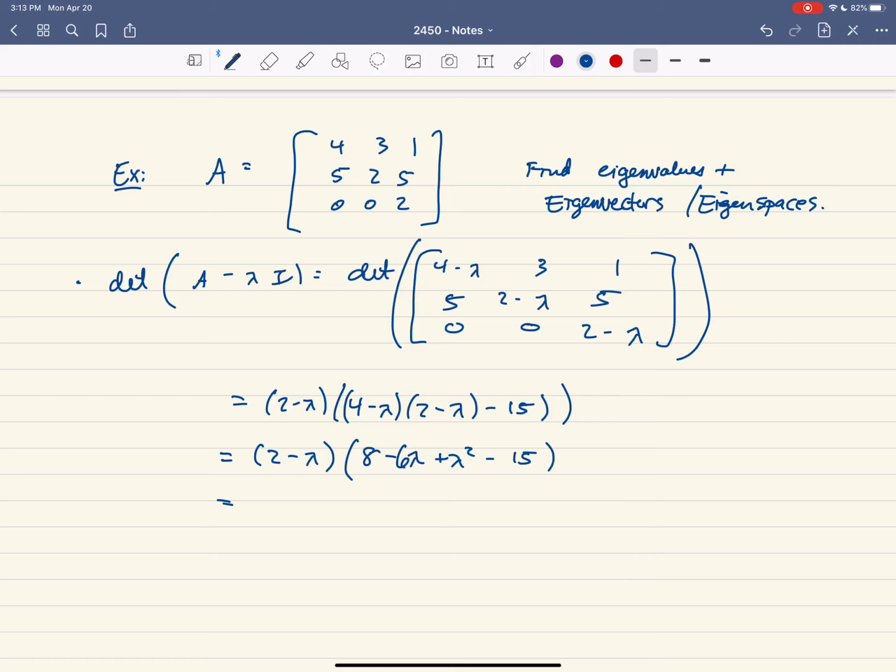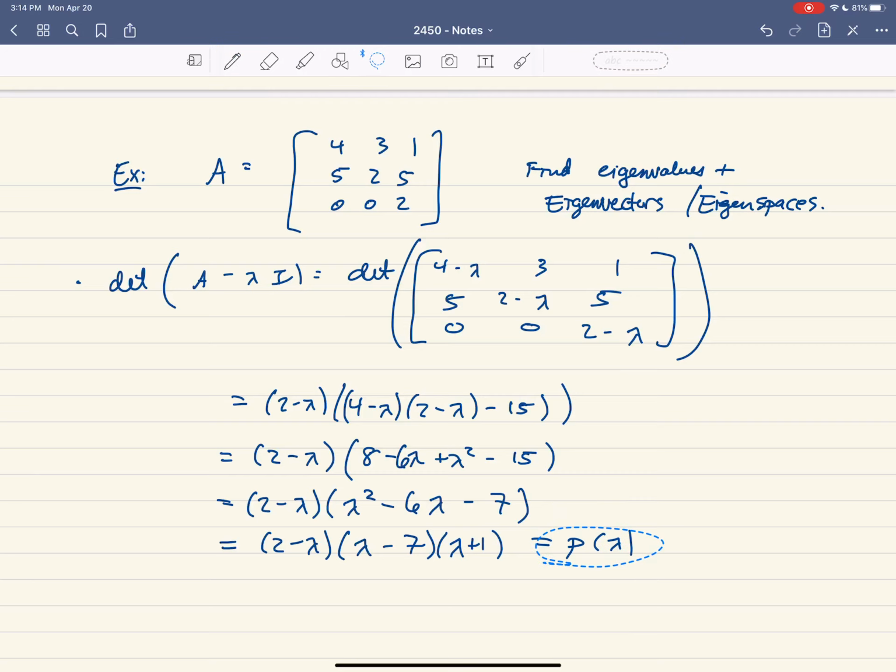And that works out to be 2 minus lambda times lambda squared minus 6 lambda minus 7. So that's our characteristic polynomial. And I guess we should add that this is 2 minus lambda times lambda minus 7 times lambda plus 1. These are all the characteristic polynomial, but that's the easiest one to work with.